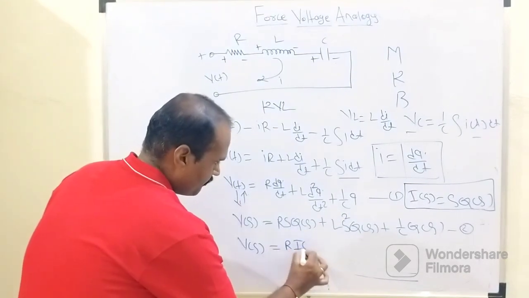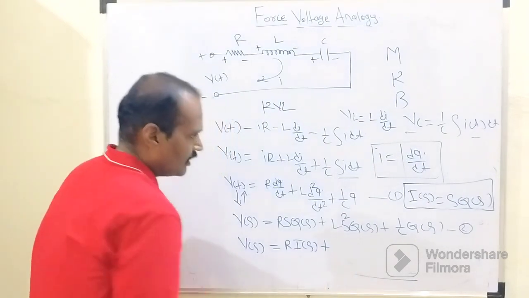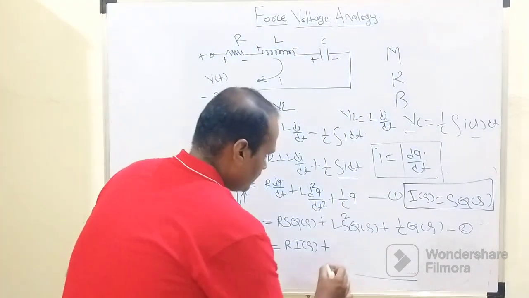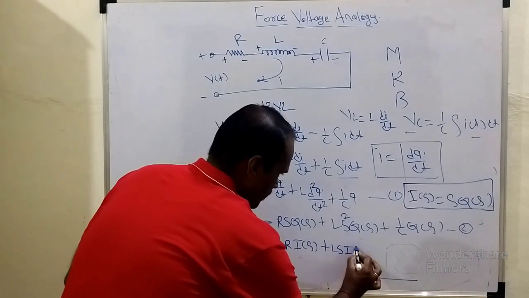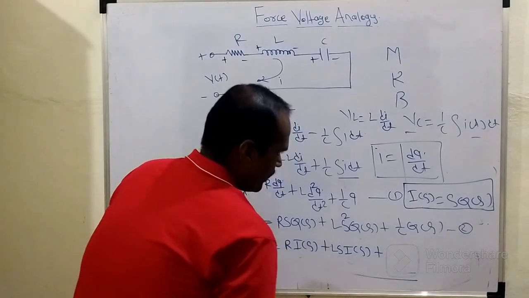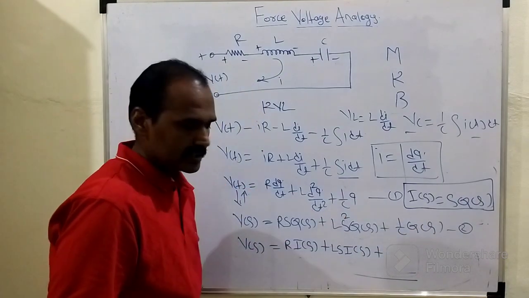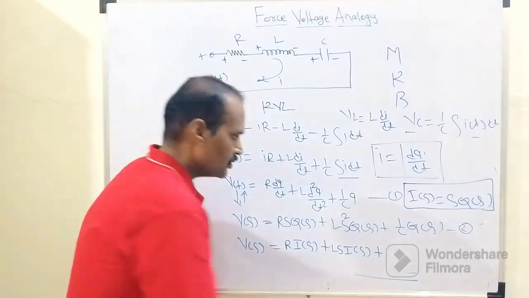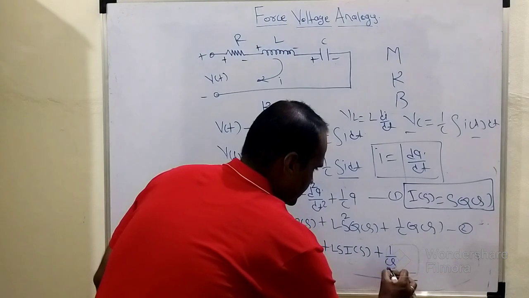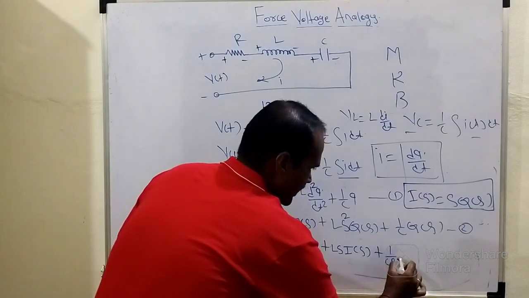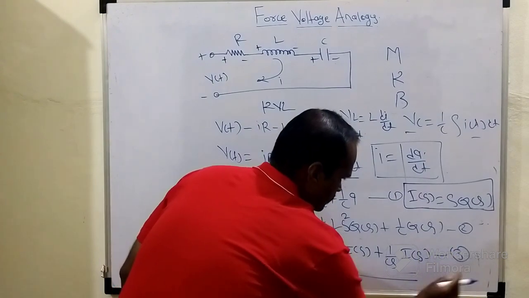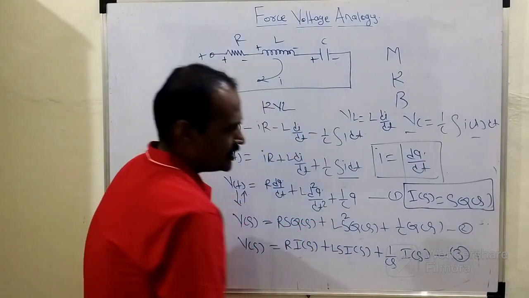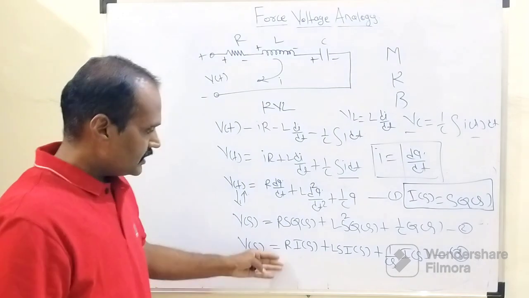So R into I of s, plus s into Q of s is I of s, and as we have s square, it will become Ls into I of s, plus 1 over C into Q of s. Here we don't have the s term, so it gets divided by C, so 1 upon C into s into I of s. So this is nothing but equation number 3, right?